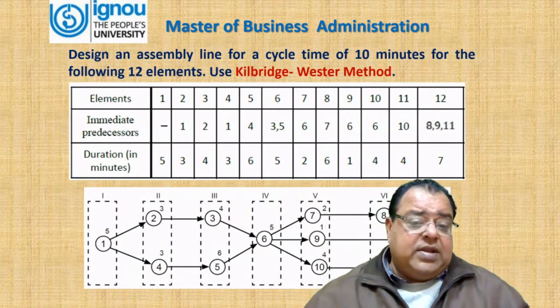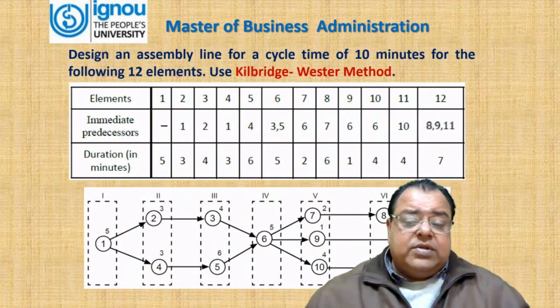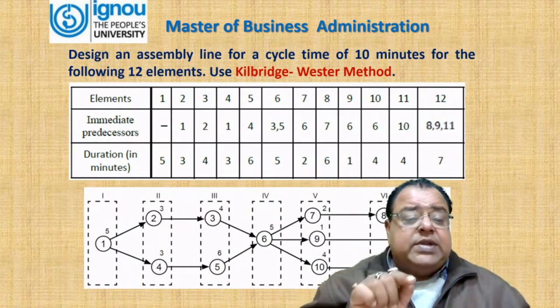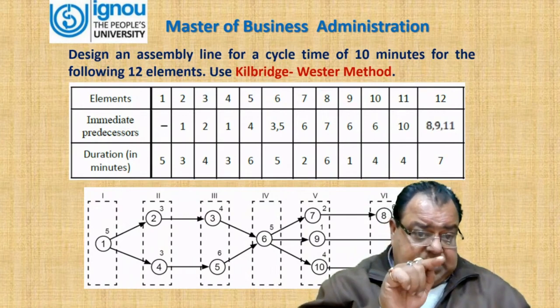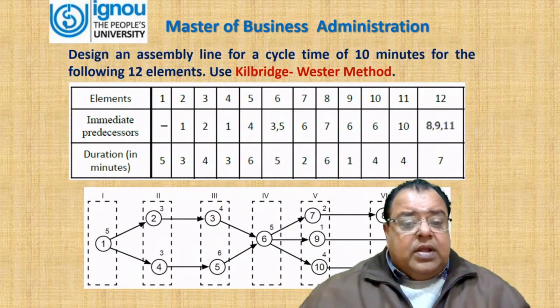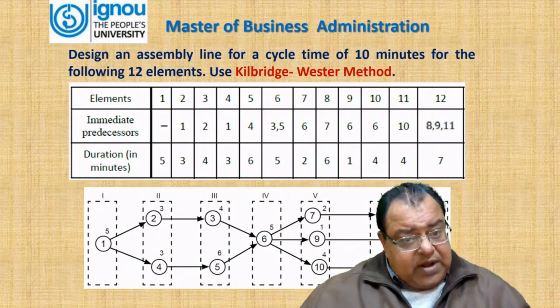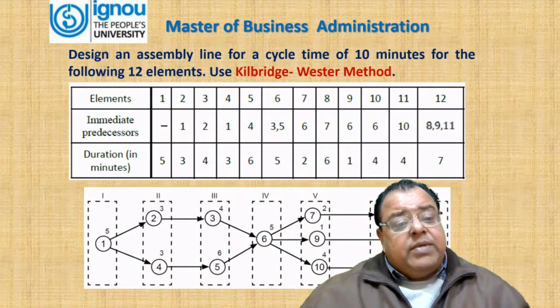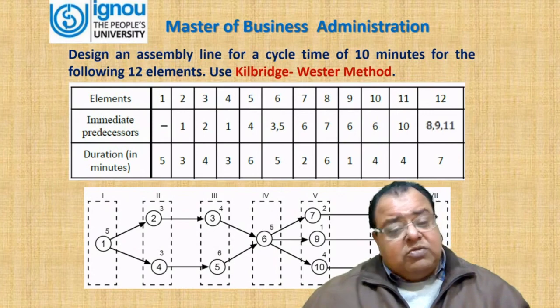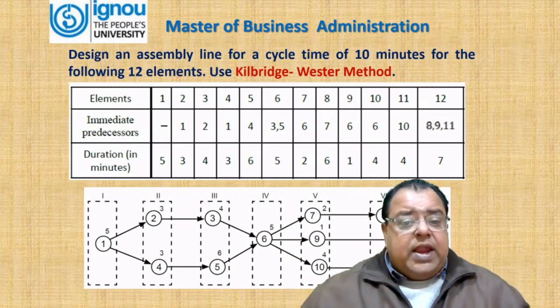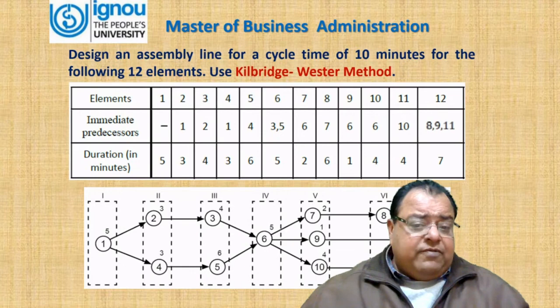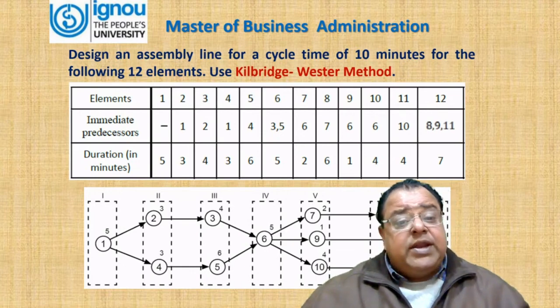We have to see the immediate predecessors of each element. We started with 1, 2. The immediate predecessor of 2 is 1, and for 3, the immediate predecessor is 2. That means 1, 2, 3 will be at the top. As we move on to element 4, we see that its immediate predecessor is 1, so it will come down.